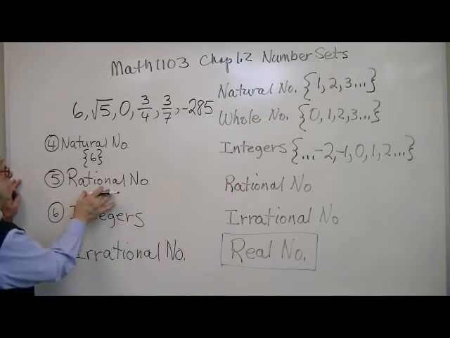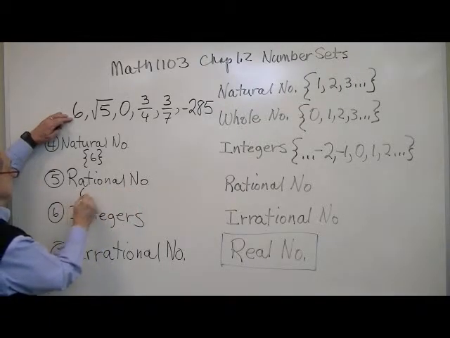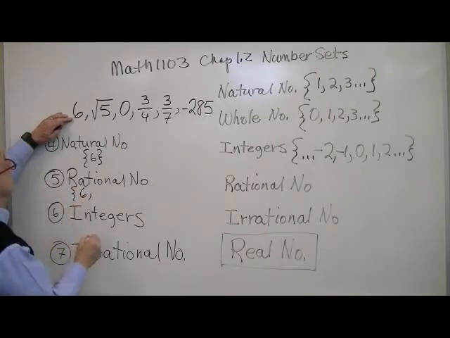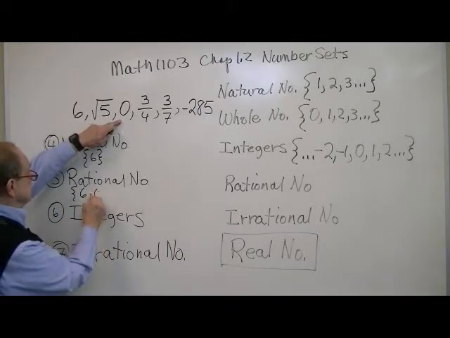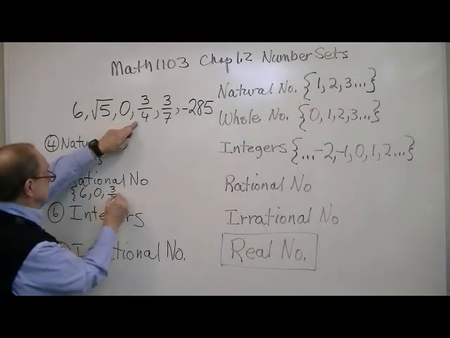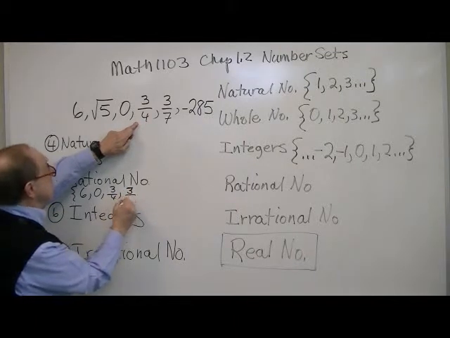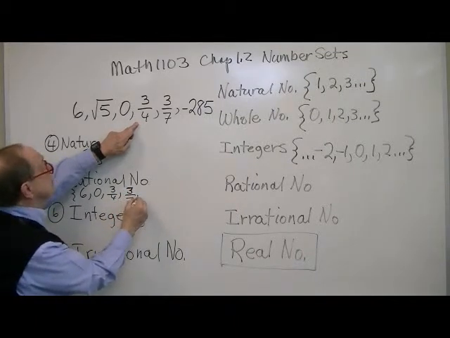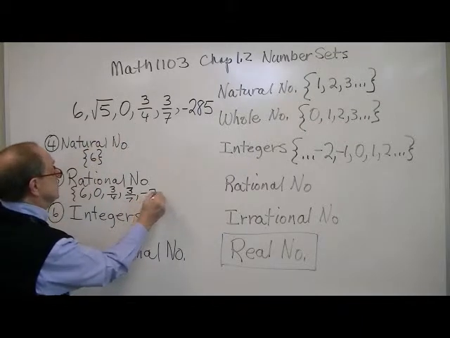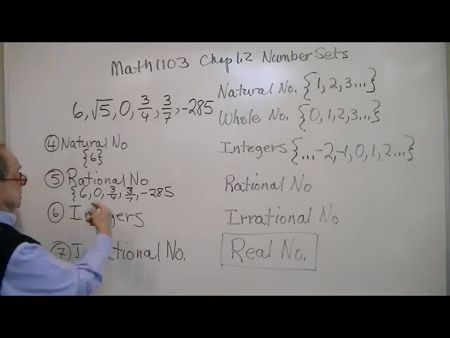All right, rational numbers. Well, it would be 6, 0, 3/4, 3/7, and a negative 285. These are all rational numbers.